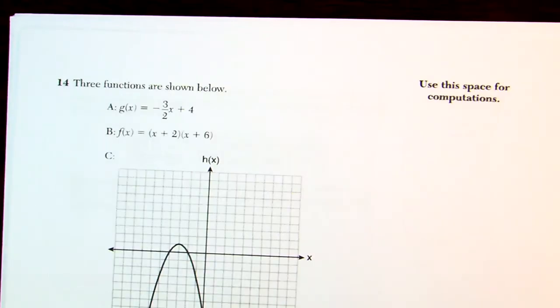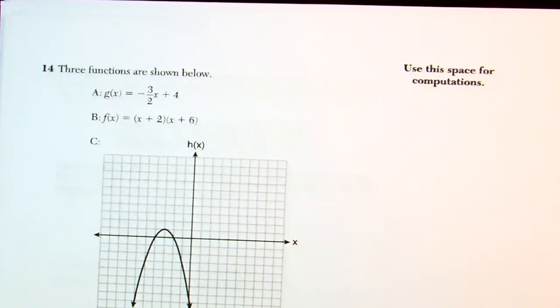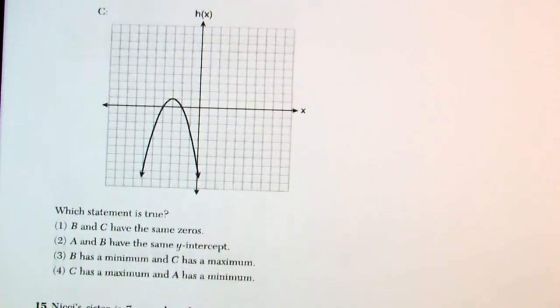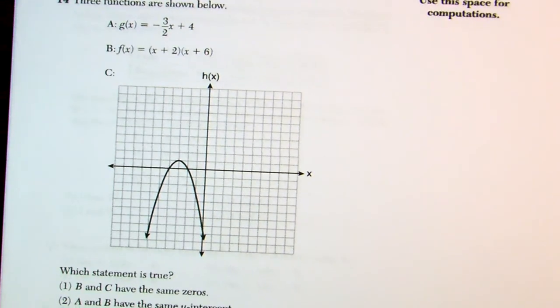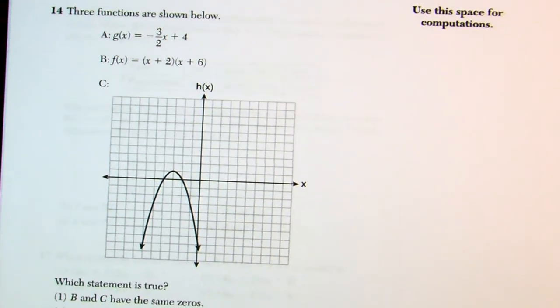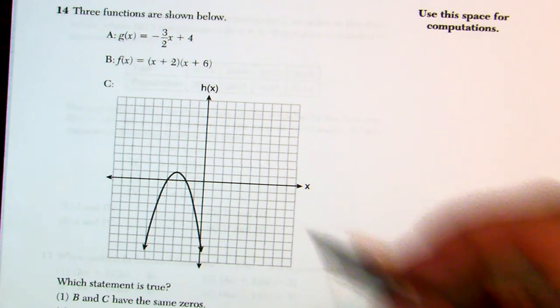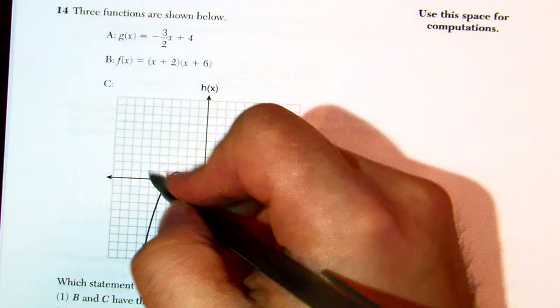Okay, 2 more and we're going to stop. It says 3 functions are shown below. Which statement is true? Okay, this probably isn't fitting on the screen, I'm assuming. So let's see here. Here it looks like we have a max at 1.